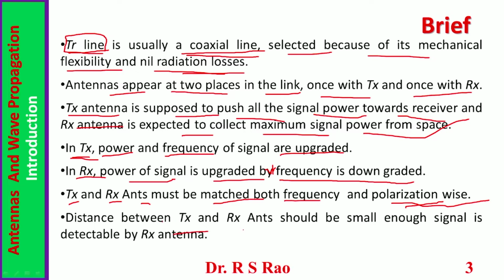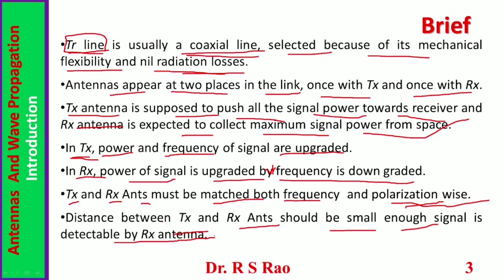Distance between transmitting and receiving antenna should be small enough that the signal is detectable by the receiving antenna. When the signal is emitted by the transmitting antenna, it starts traveling towards the receiving antenna. While traveling, the strength of the signal keeps on decreasing.